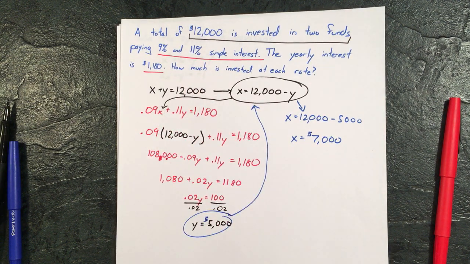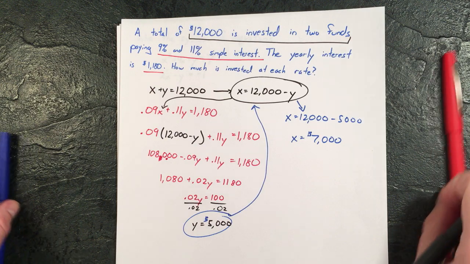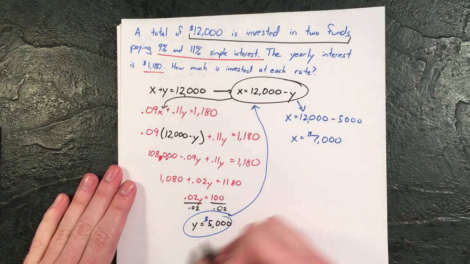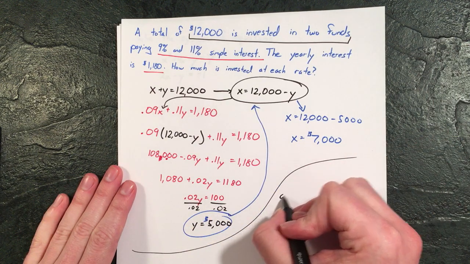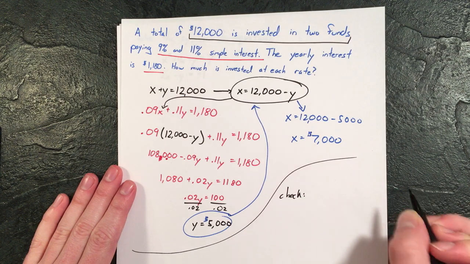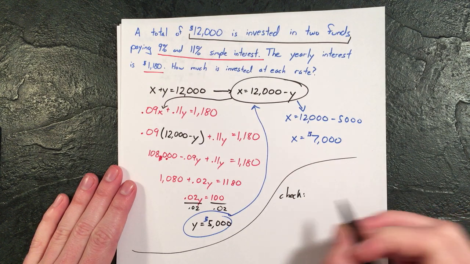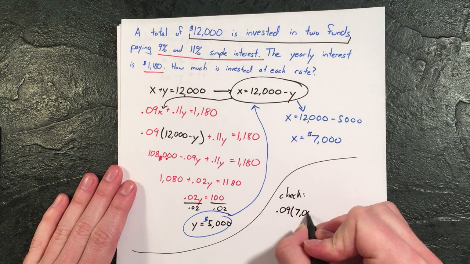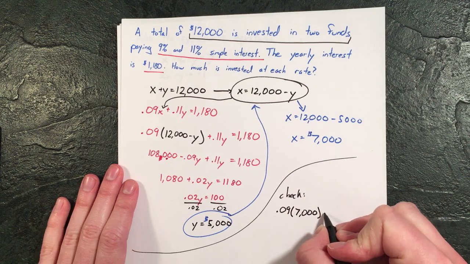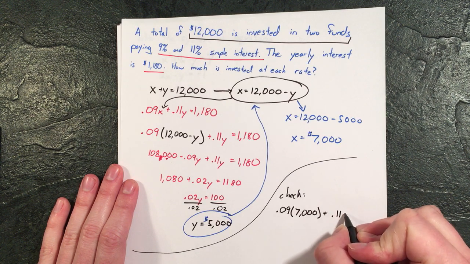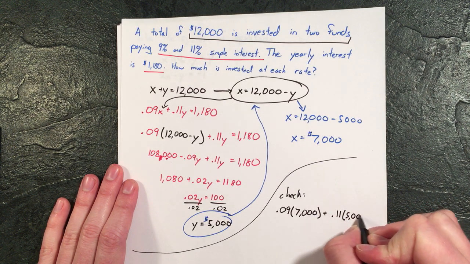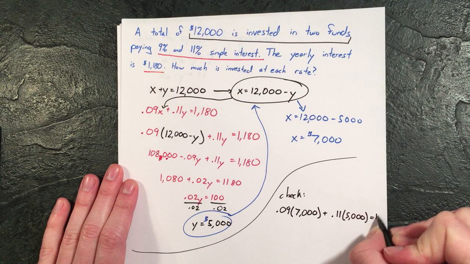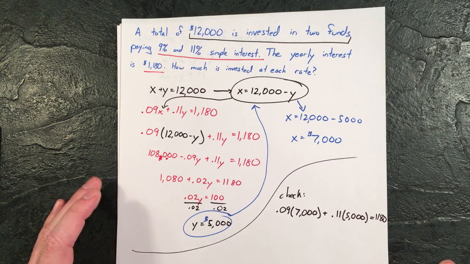If we're solving for this other one, this becomes a little bit more complicated, but let's do it quickly. A nice little check here. So we said the x was 7,000. Ooh, running out of room.